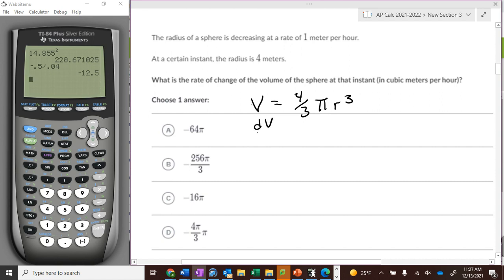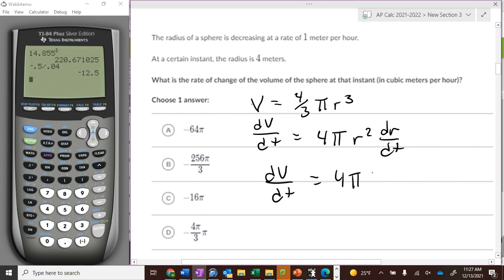So dv dt equals what? 4 pi r to the second dr dt. There you go. So dv dt equals 4 pi 4 squared times negative 1 because it's decreasing.